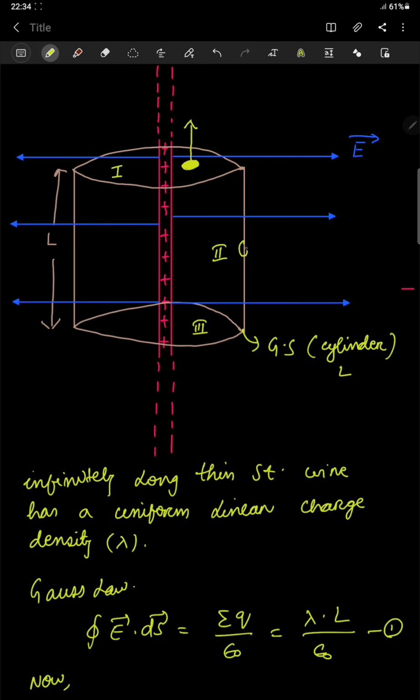And in region 2, if I want to find out an area for this one, what should be the n cap direction? Along the electric field. And for the third one, if I choose an area here, then your n cap will be along this. Okay, so these are the directions of the area vectors which I have chosen in three different regions.